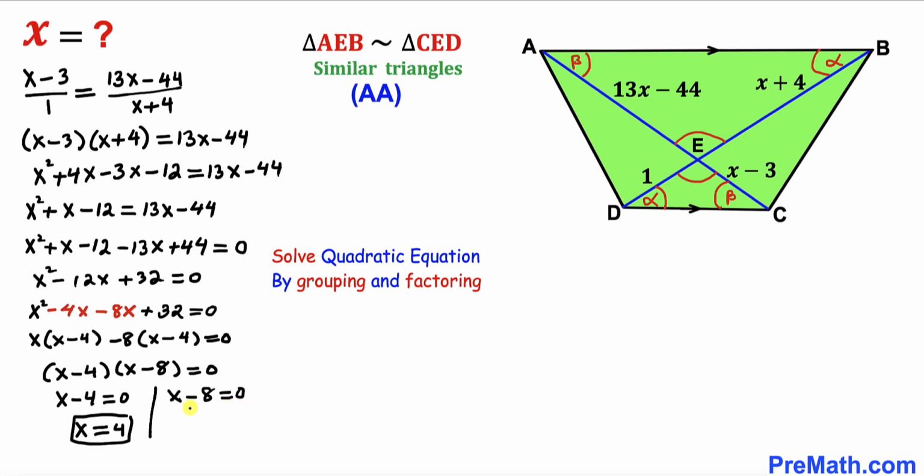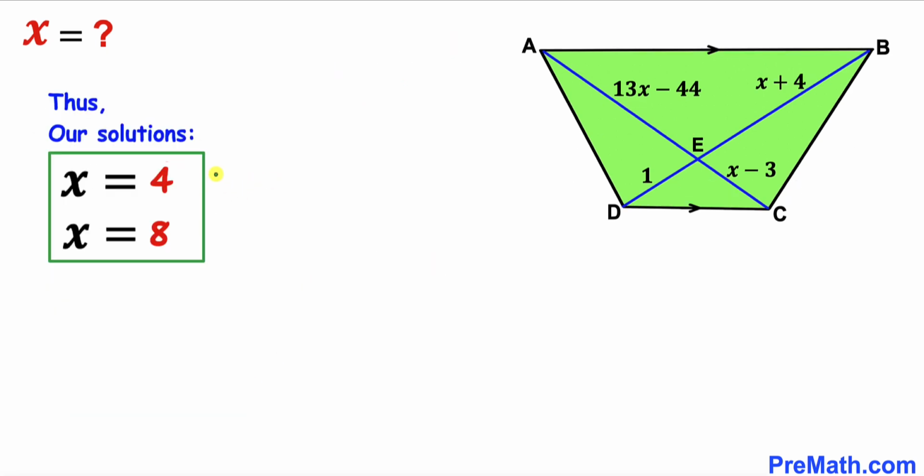For the next equation, x minus 8 equal to 0 is the same as x equals positive 8. So we got two solutions: the first one is x equals positive 4 and the second one is x equals positive 8. Thus our x values turn out to be 4 and 8.